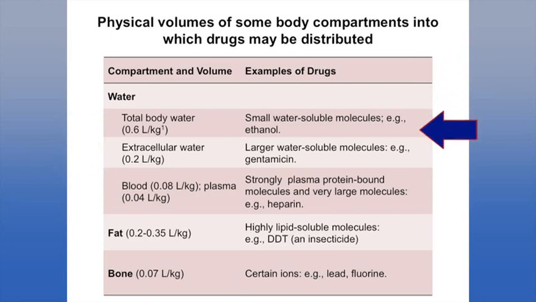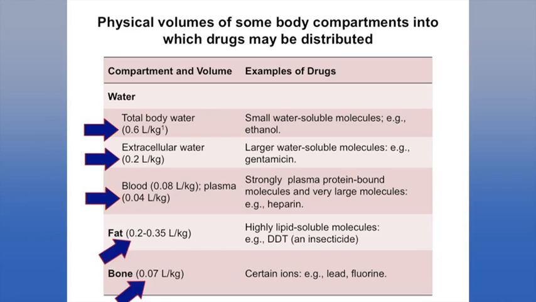Ethanol is alcohol. Gentamicin is an antibiotic. Heparin, we talked about before, is a drug used to prevent blood clots. DDT is an insecticide that is used in a lot of weed killers. And then ions such as lead, fluorine, that can be sequestered quite easily within bone. And in parentheses, beside all of these, you can see the examples of types of volumes of distribution that might be achieved if a drug is sequestered into different sites.